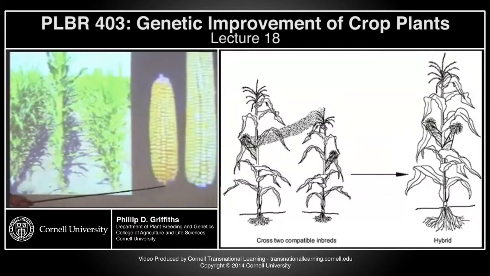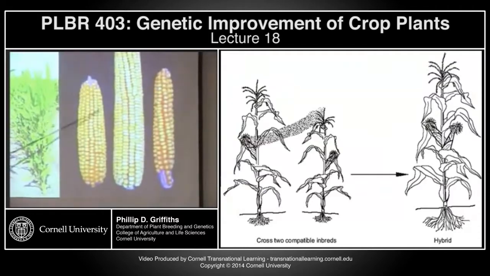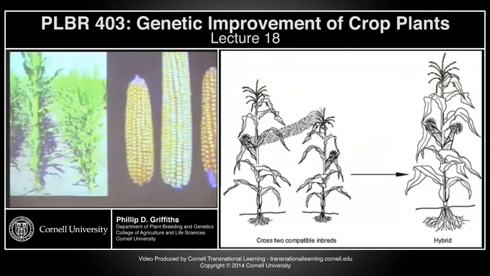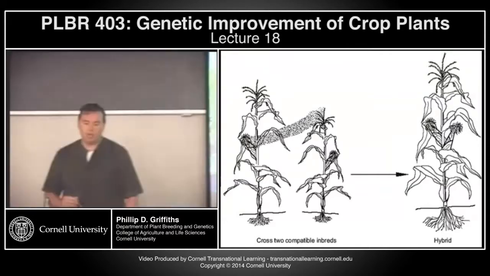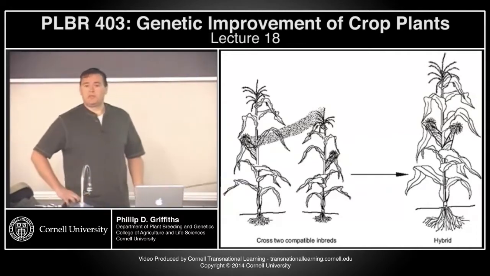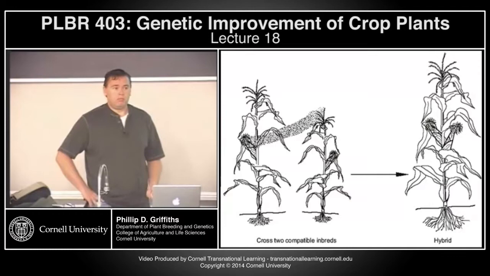For instance, we might be selecting a shorter, wider kernel in one of the parents and a more elongated kernel in the other parent, which will then give the best combination when you produce a hybrid. So this has really been successfully employed in corn.